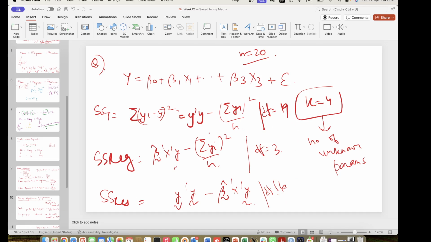If we divide the corresponding sums of squares by their degrees of freedom, we land at the MSs, and MS regression divided by MS residuals will give me the F value.